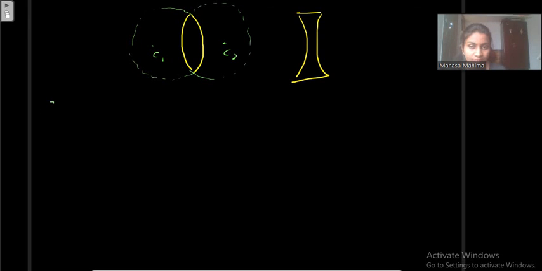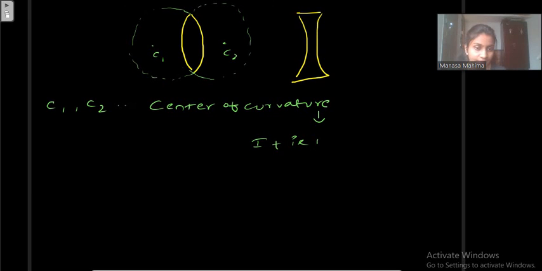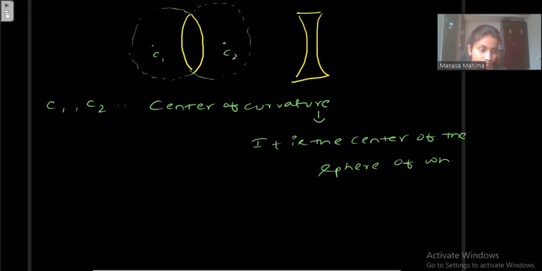Here C1 and C2 are called the centers of curvature.